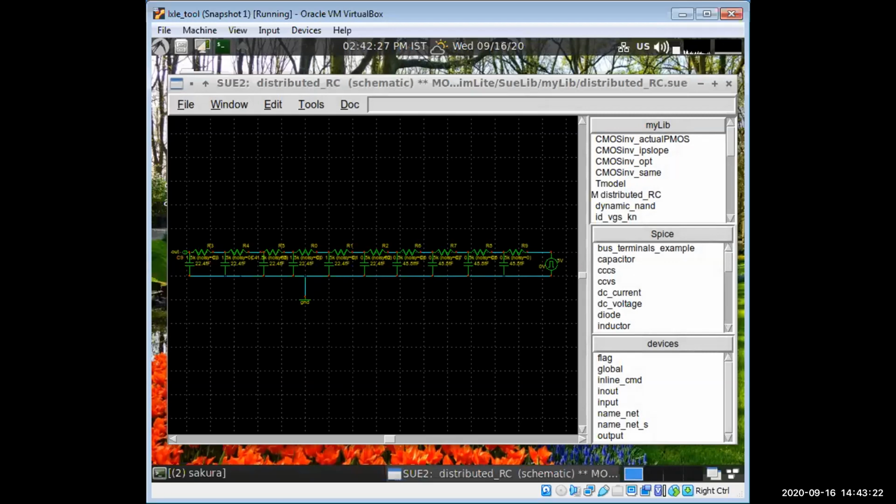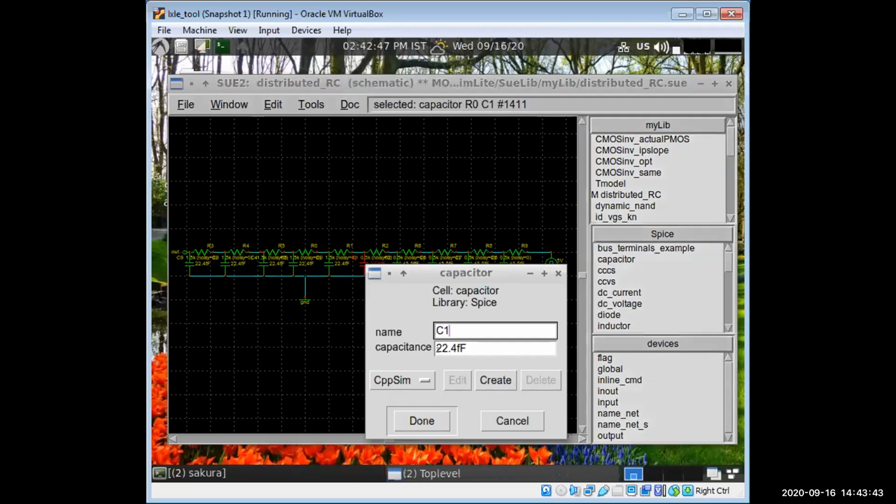This is 1.5. One minute, you have to change this also. 48.8. Yes.